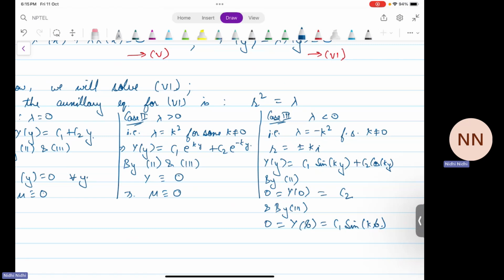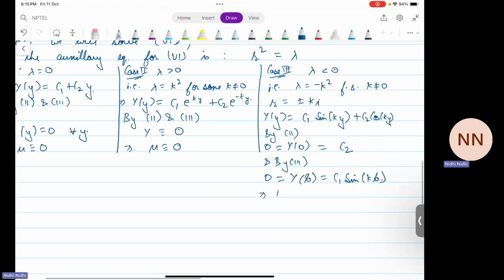Now to get a non-trivial solution, we must have kb equals n pi, for c1 to be non-zero. Otherwise, if we get c1 as 0, again we'll end up having just a trivial solution. So this gives us k equals n pi by b.